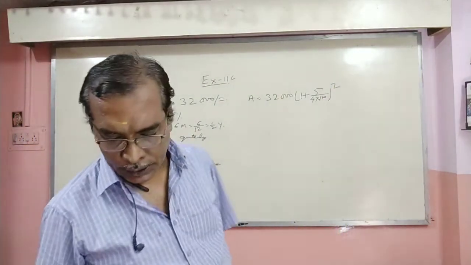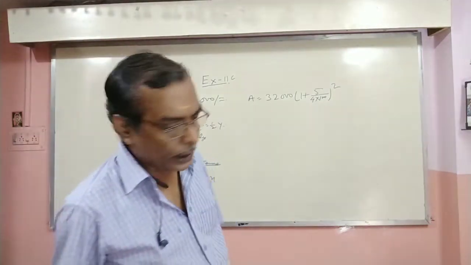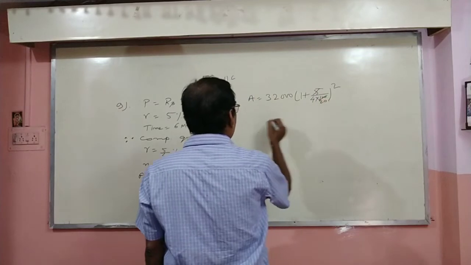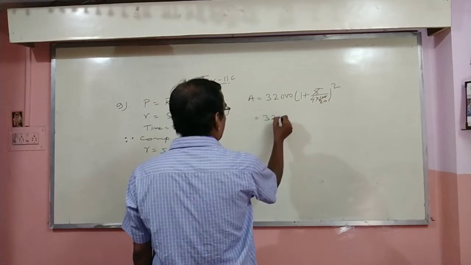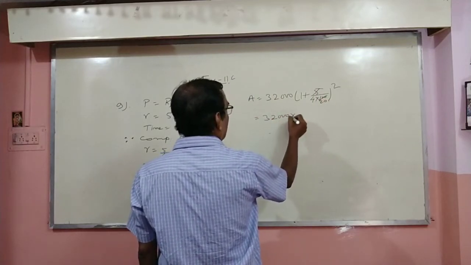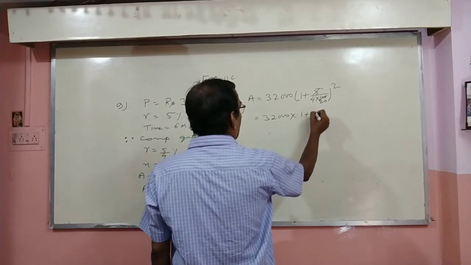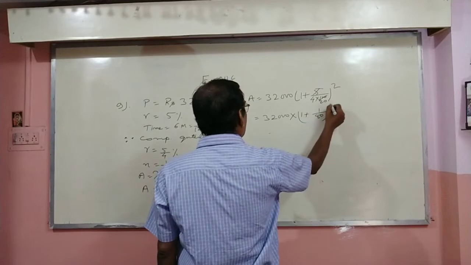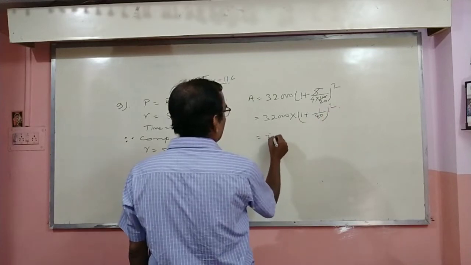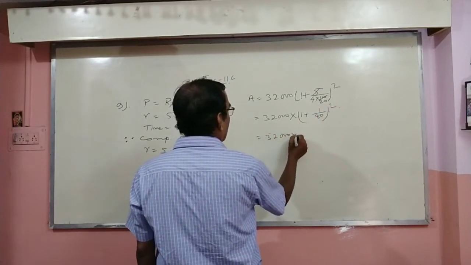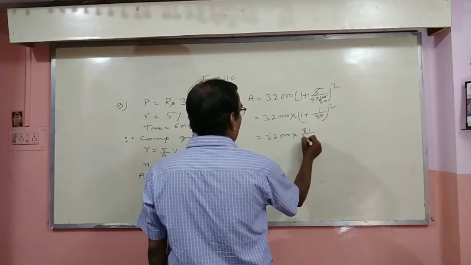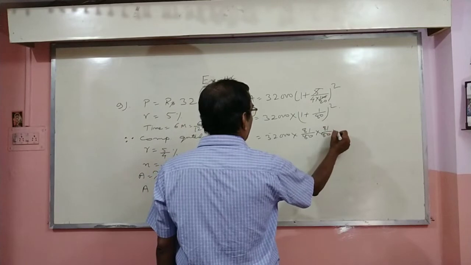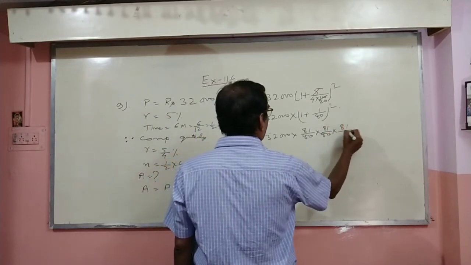Then afterward the calculation part. 5 2s are 10. So this is 32,000 into 1 plus 1 by 80 whole raised to 2, is equal to 32,000 into 81 by 80 into 81 by 80.